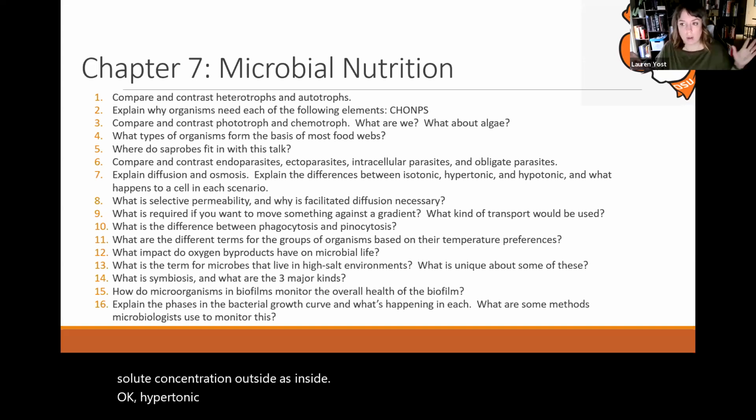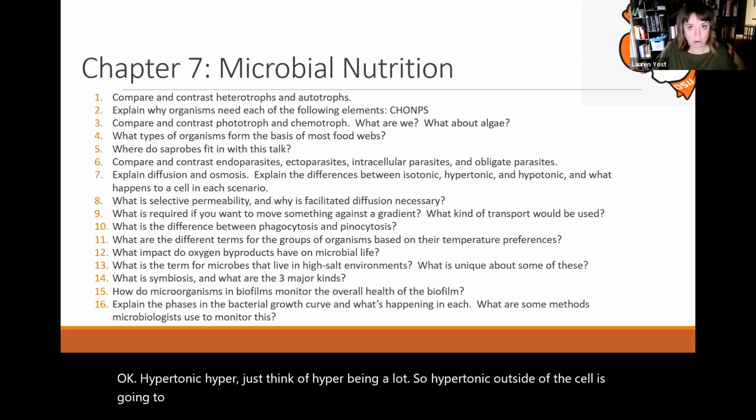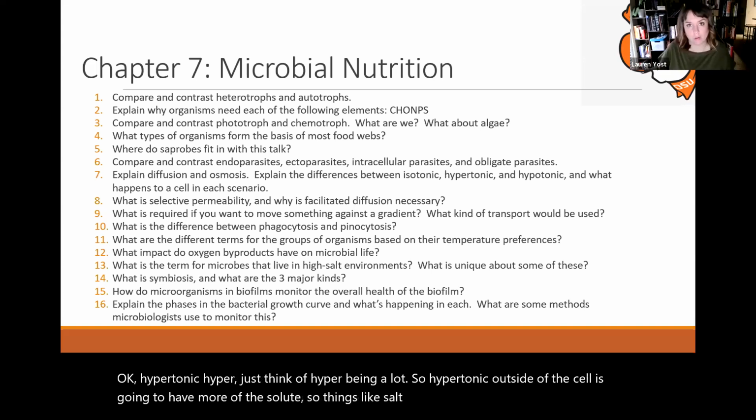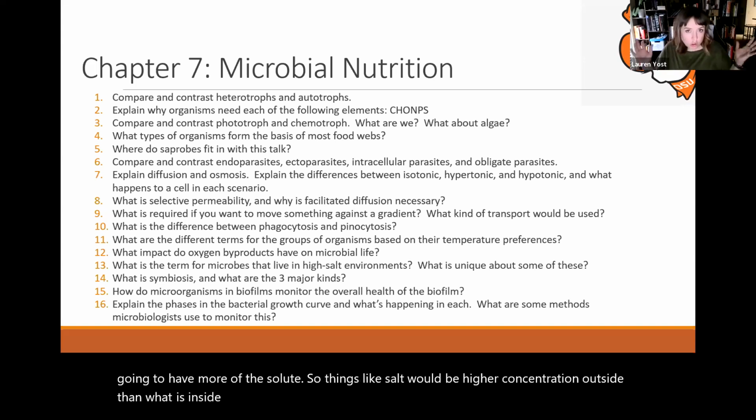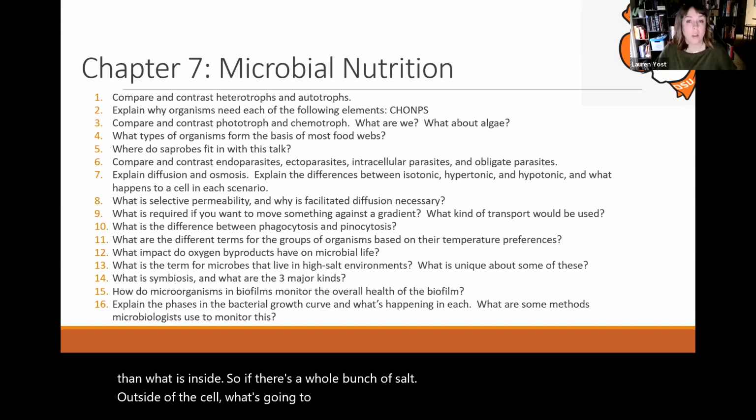Hypertonic. Hyper, just think of hyper being a lot. So hypertonic, outside of the cell is going to have more of the solute. So things like salt would be higher concentration outside than what is inside. So if there's a whole bunch of salt outside of the cell, what's going to happen inside of the cell? We can't move the salt across.